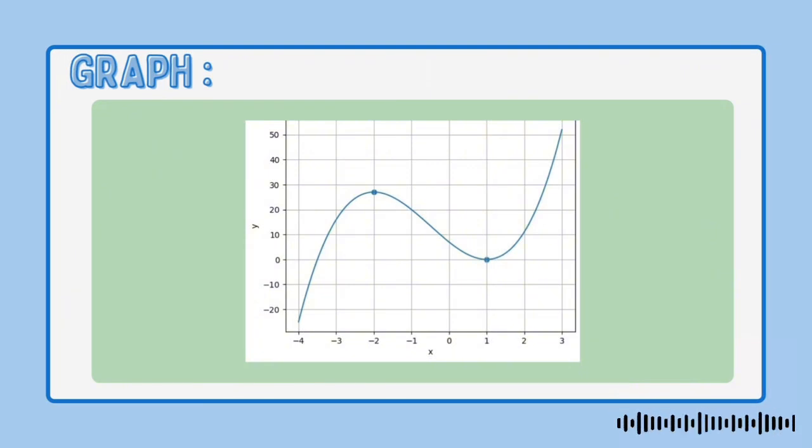And third, we use the point (0, 7) from the y-intercept as the crossing point on the vertical axis. By joining these 3 points, we get a smooth S-curve or a wave shape.